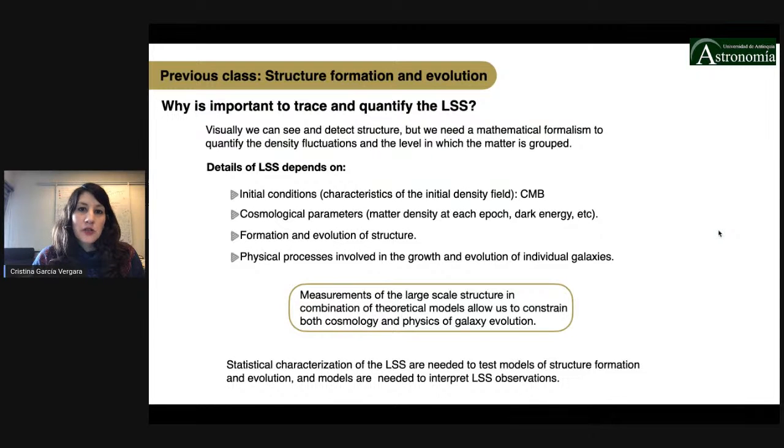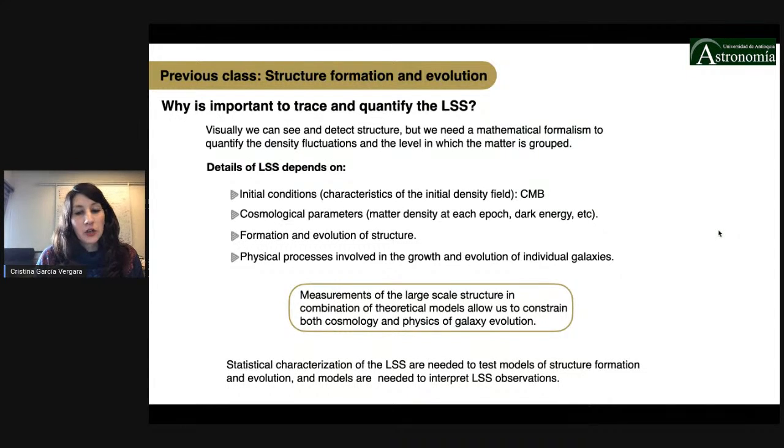I also tried to motivate you, to teach you why it's important to measure the large-scale structure. Yesterday, we just talked about qualitative aspects of the large-scale structure. We can distinguish the structure by eye, but we really need to quantify it mathematically, because the large-scale structure depends on cosmological parameters and on the physics of galaxy formation and evolution.